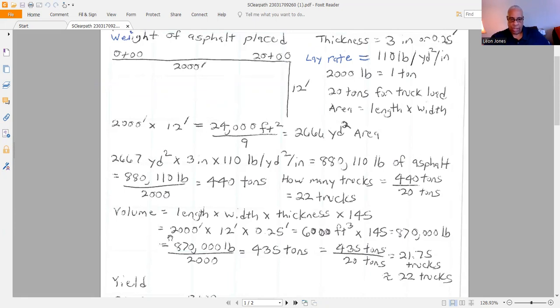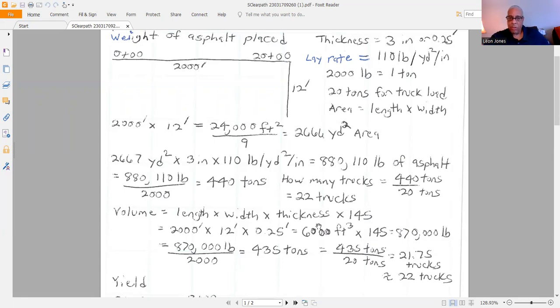So what I did here is I took 2,000 times 12 times the thickness, but I converted 3 inches to 0.25, so everything is in feet. And what did I come up with? I came up with the volume, 6,000 feet times 145 pounds per cubic feet.